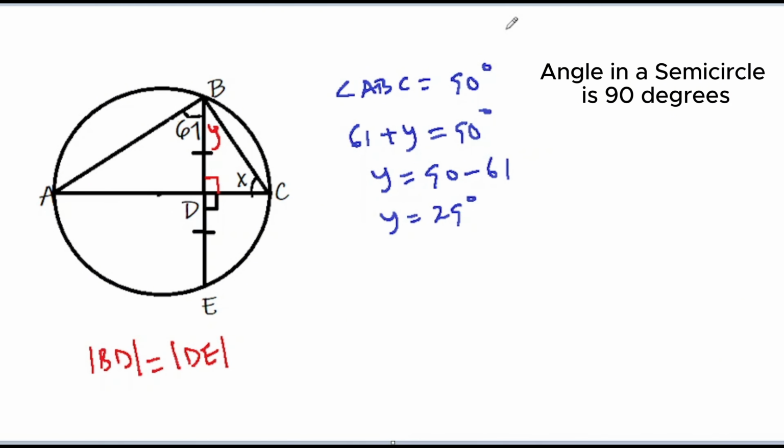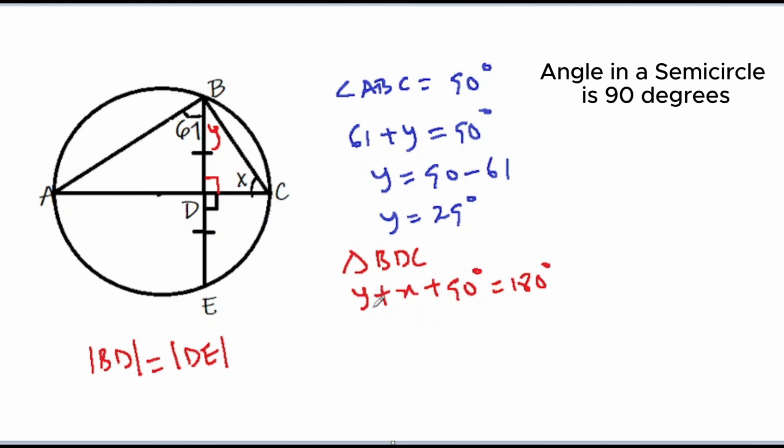Okay, so since we have our y to be 29 degrees, we'll consider triangle BDC. In triangle BDC, our y is now 29. So y plus x plus 90 degrees is equal to 180 degrees.